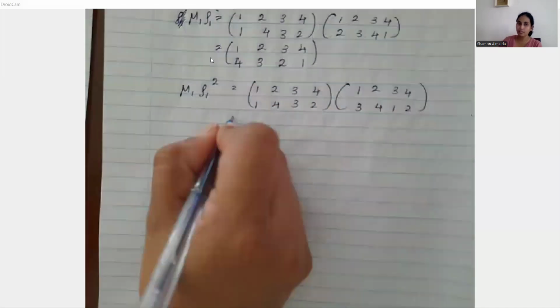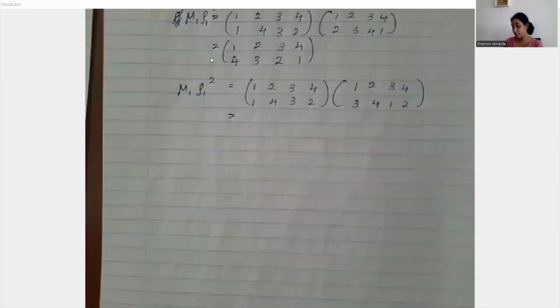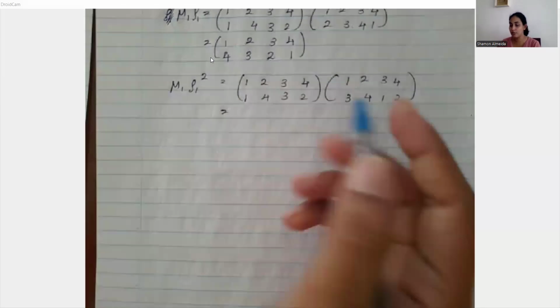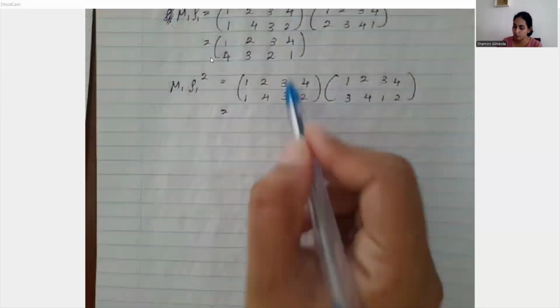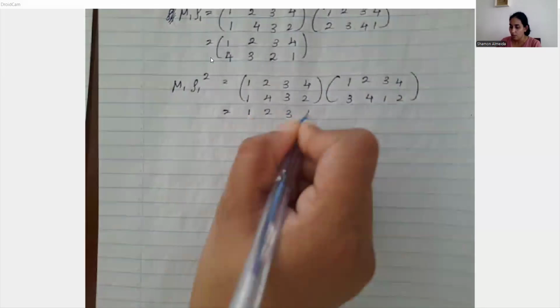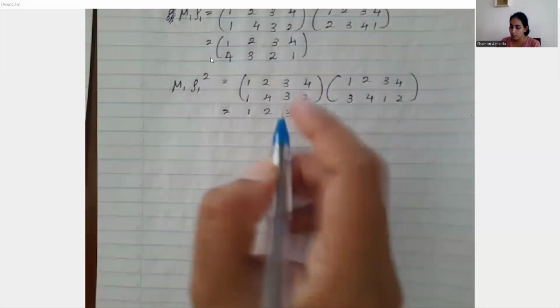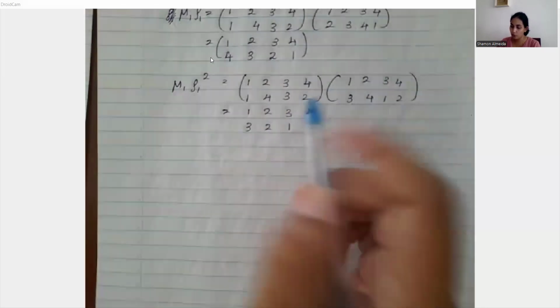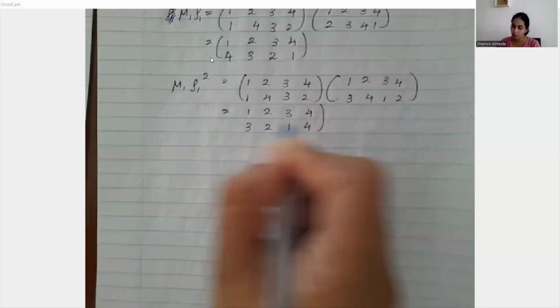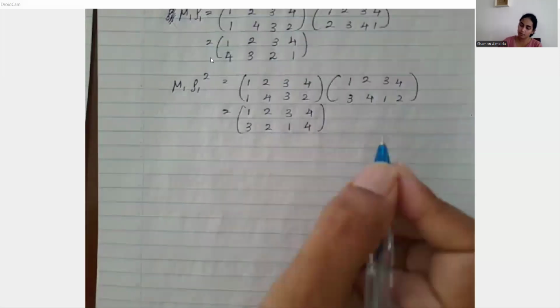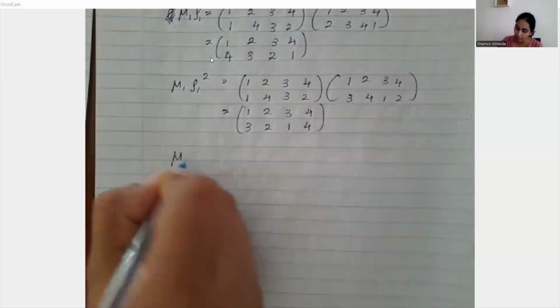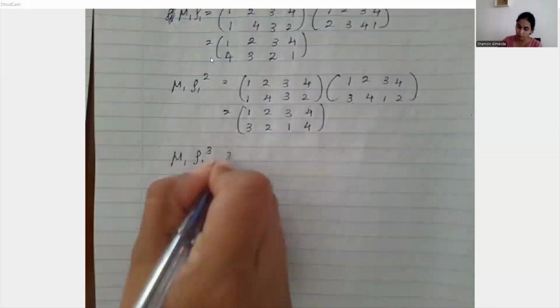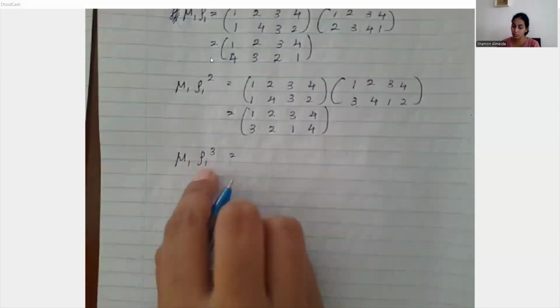When you take the composition once again, you see 1 goes to 3 and 3 goes to 3. 2 goes to 4 and 4 goes to 2. 3 goes to 1 and 1 goes to 1. 4 goes to 2, 2 goes to 4. These two are fixed, the other two swapped, right? Then finally we calculate mu1 rho 1 cubed. That's the other distinct rotation we have.